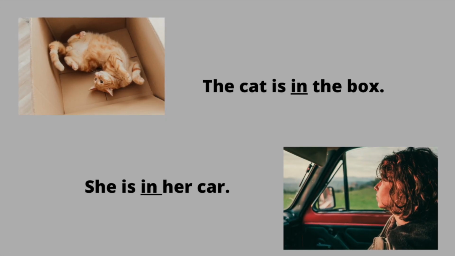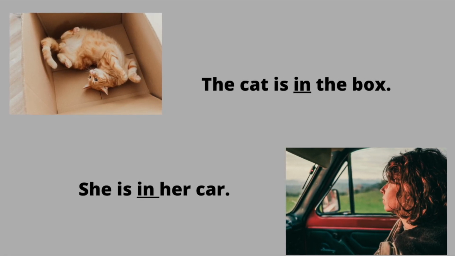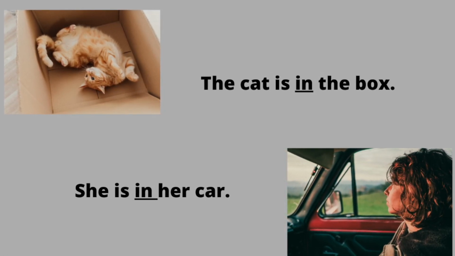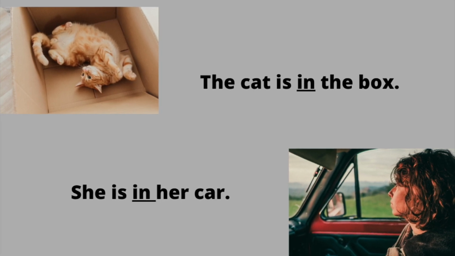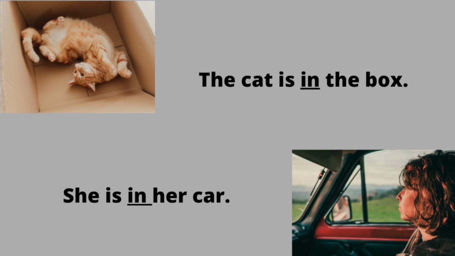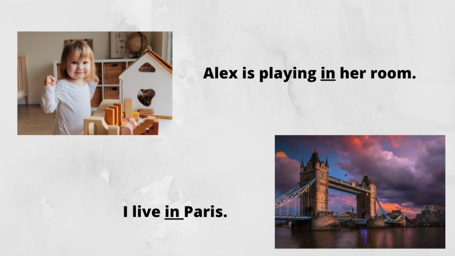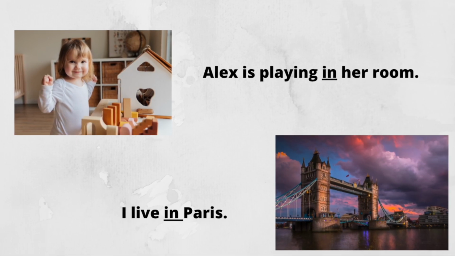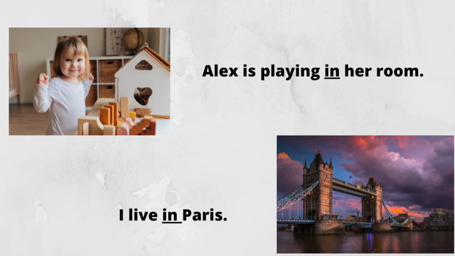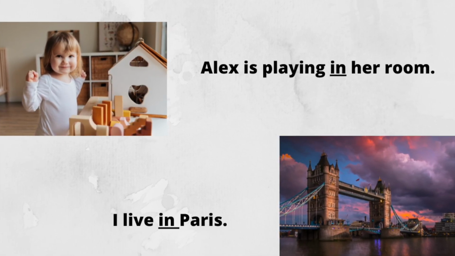Now look at the first picture. You can see the cat is in the box. Now again, look at the second picture. She is in her car. Now again, look at the first picture. You can see Alex is playing in her room.